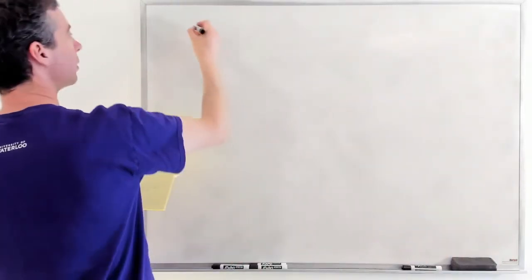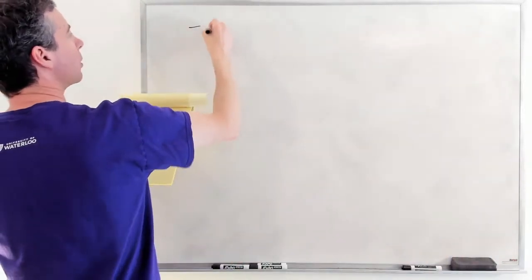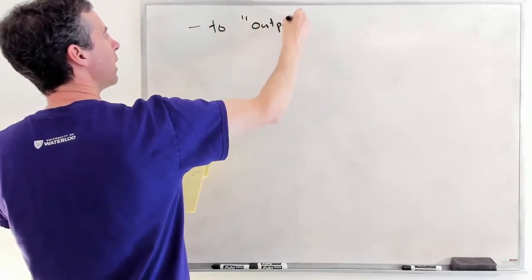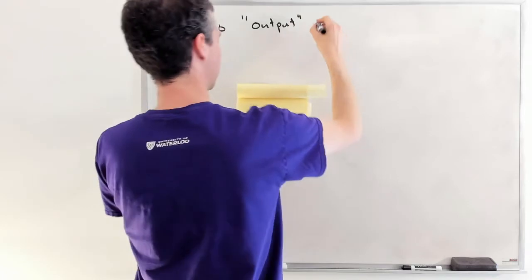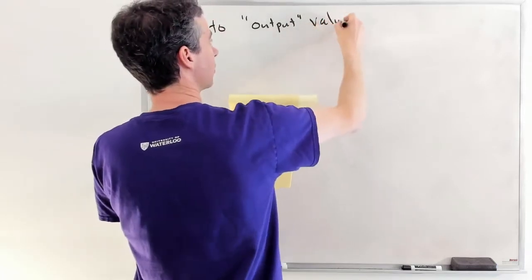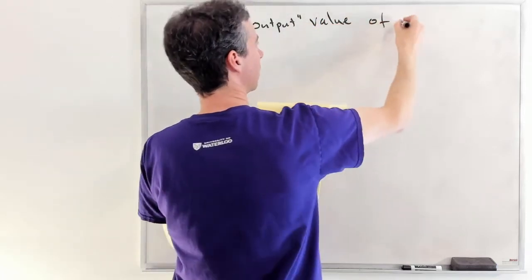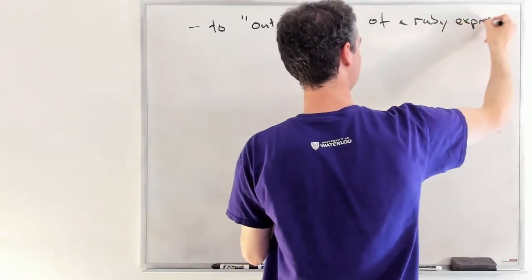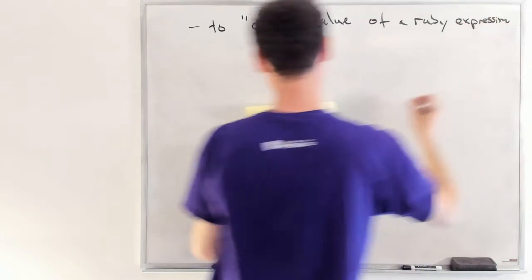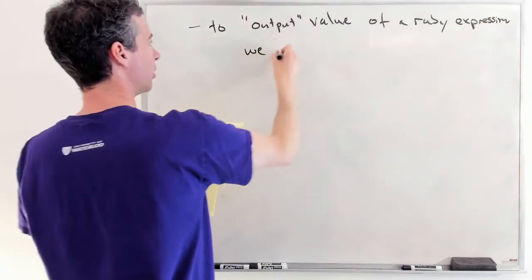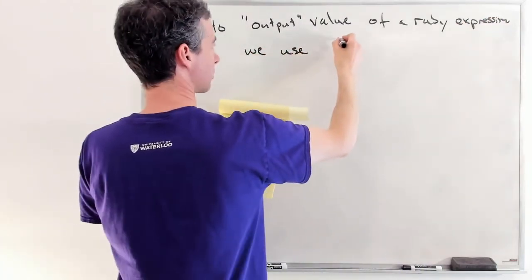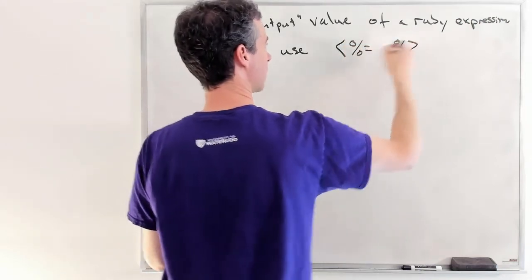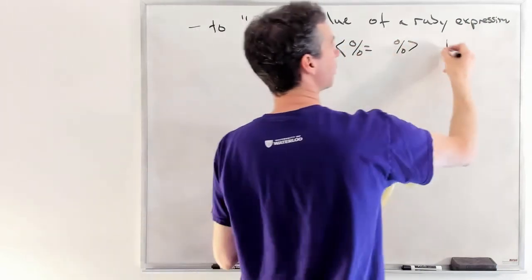So, and again in quotes, because we don't really output, but to output the value of a Ruby expression, we use these tags that have the equal sign.